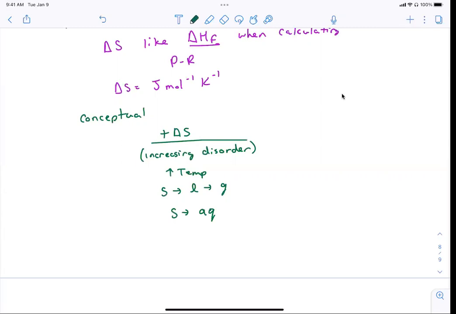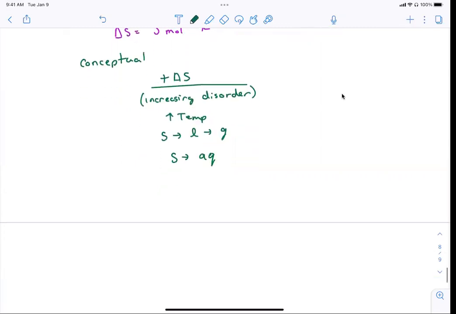There is one thing with pressure, and that has to do with gases. When you have moles of gases, it matters. When you have more product gases than reactant gases, that's an increase in entropy as well.